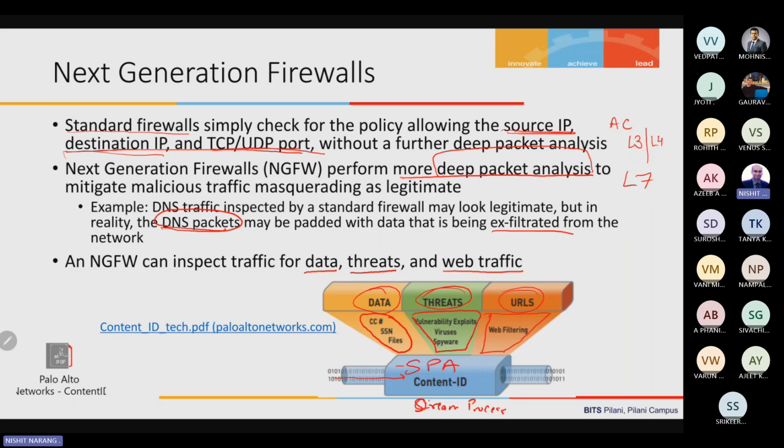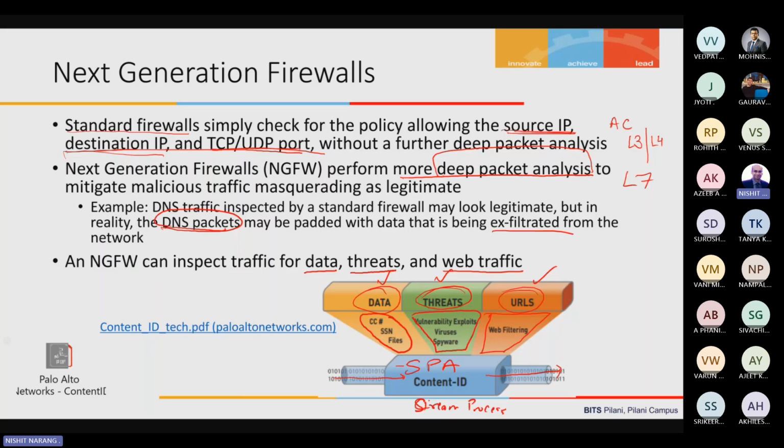The Content ID firewall is screening for all three kinds of threats in parallel, not in sequence, by looking at the stream of bits coming in, and as they are being processed, they are also passed out to the rest of the network. So it's minimum latency, but deep packet analysis. Next generation firewalls have a very unique design, which allows them to do a much deeper inspection of the packet than standard firewalls could do.